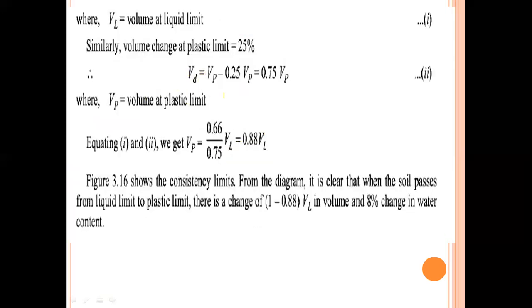So VD equal to VP minus 0.25 VP, that equals 0.75 VP. VP means the volume of the plastic limit. So equating 1 and 2, VP equals 0.66 divided by 0.75 into VL, that equals 0.88 VL.